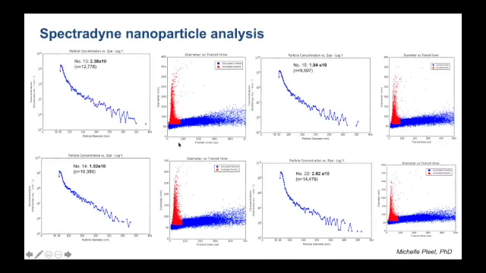This is just the raw data, it has not been analyzed yet, showing for some of the pediatric samples the concentration ranges from the Spectrodyne. Anywhere from 1.84 e to the 10 to 2.82 e to the 10, not taking into account dilution factors yet.